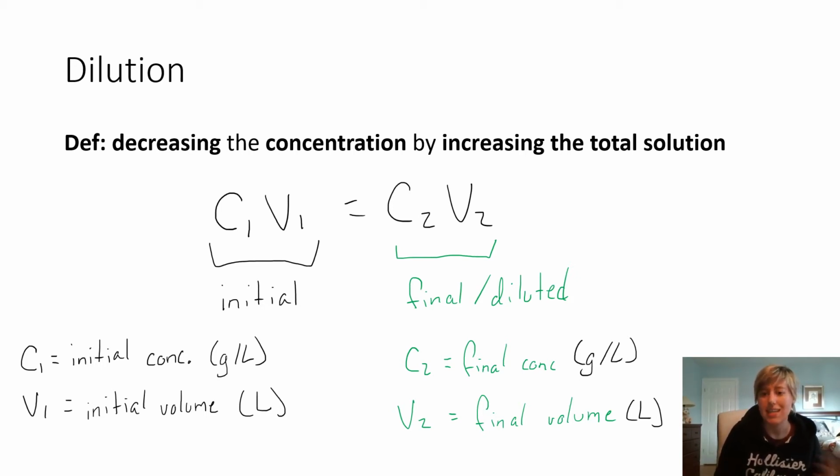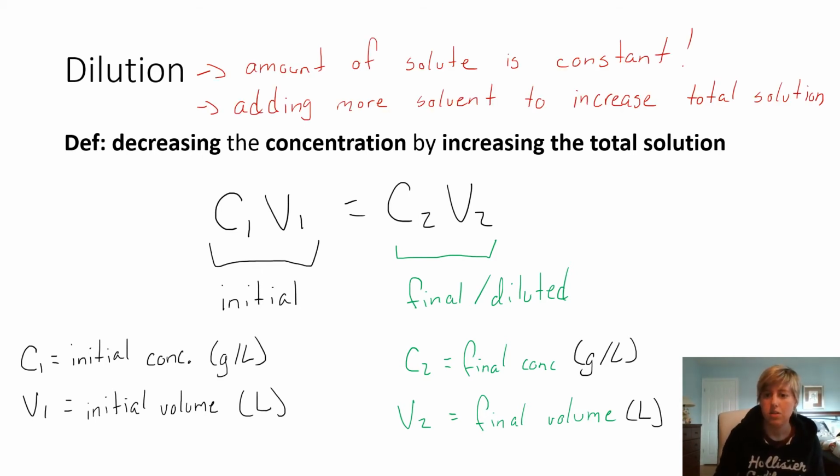So with that being said, my initial concentration is going to be higher than my final concentration, and my initial volume is going to be lower than my final volume, because to dilute, I'm adding more solvent to increase my total volume of my solution.